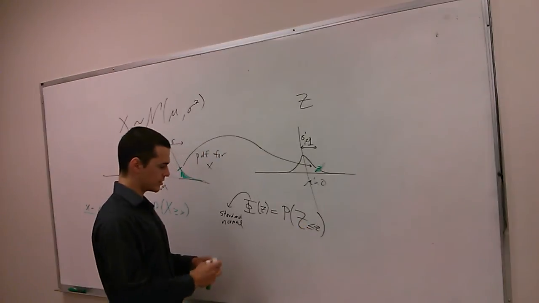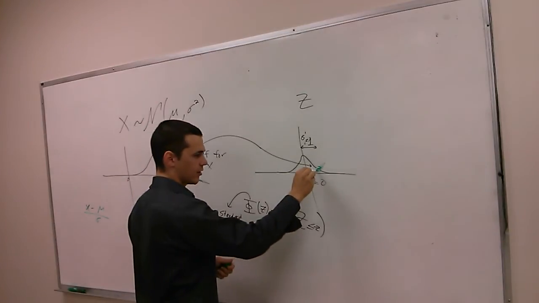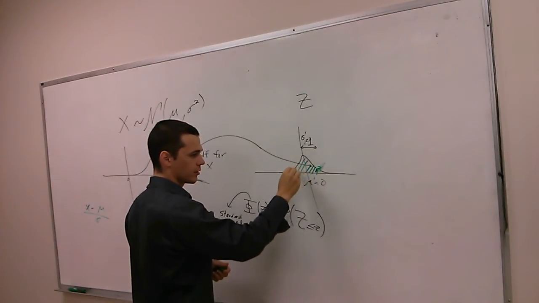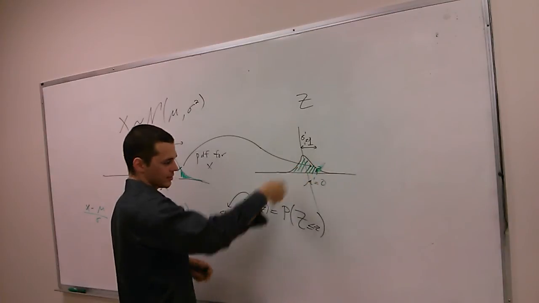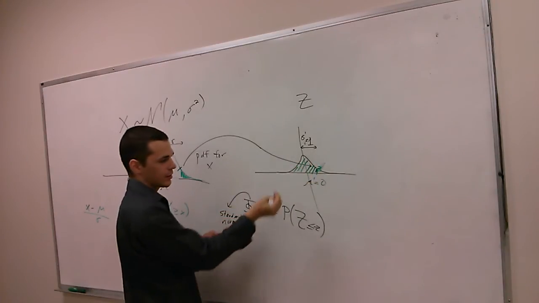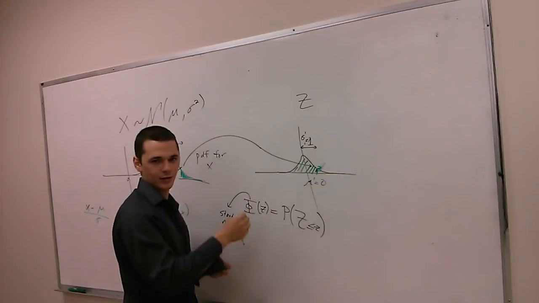So this phi function tells us this probability for any point along the standard normal. It tells us the CDF. It's the probability mass before that point.